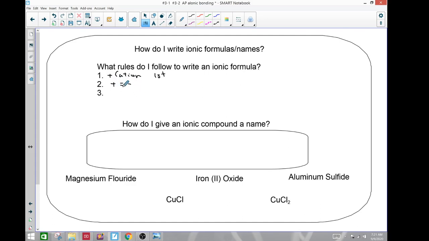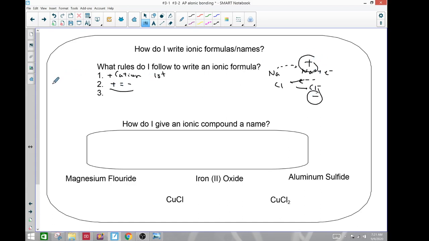Let's say for example sodium metal gives away electrons to form Na+, and then the chlorine is going to take them to form Cl-. This guy can't produce any more positive than it can produce negative, so our charges have to be equal.